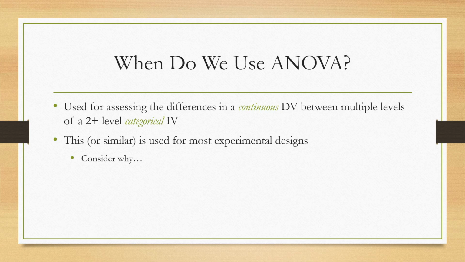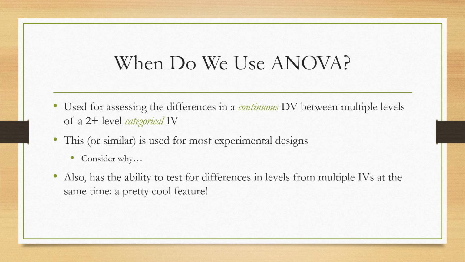So though ANOVAs are often used within the context of experimental designs, again, because even if we had a continuous independent variable, we often treat it categorically, it doesn't mean that ANOVAs are the only analysis for experimental designs, or if you see an ANOVA, it's definitely an experiment. I say this to remind you the inference and study design contribute different things to that statistical story that we've discussed previously.